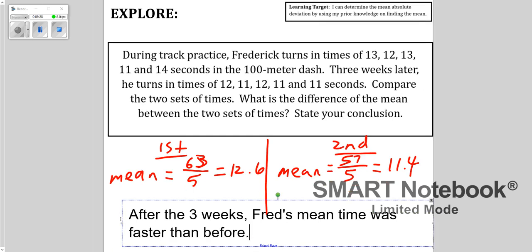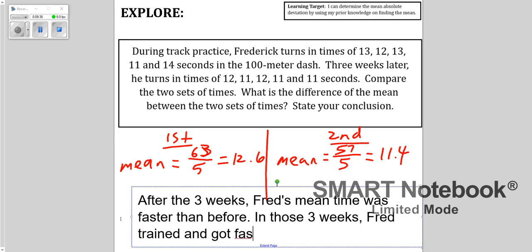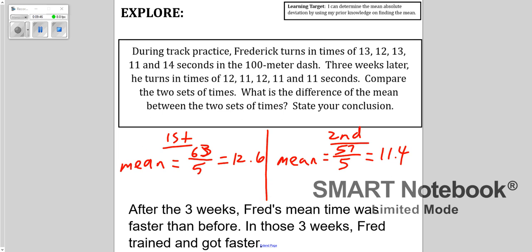So my conclusion could be that in those 3 weeks, Frederick trained and got faster. You could be more specific. You could say how much faster he got. Oh, it does say that. Sorry, I'm missing a step here. It specifically says what's the difference between the means.